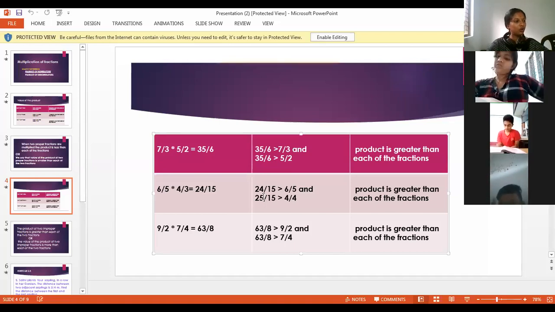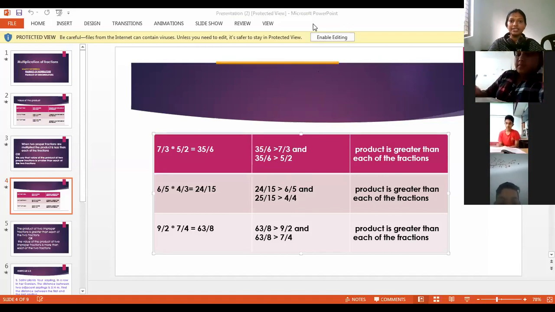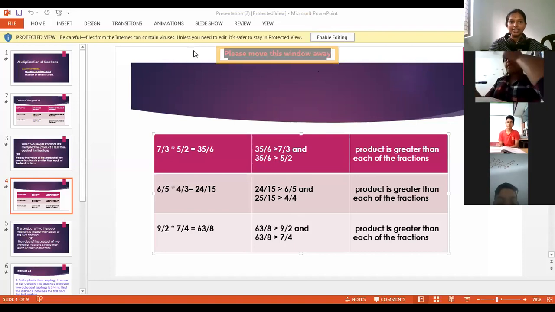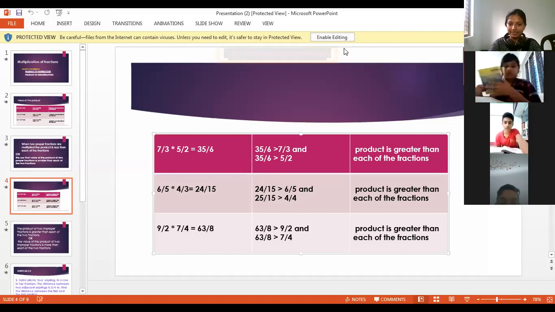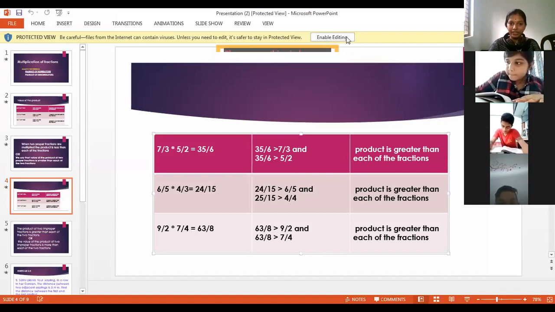The question was 9 by 2 into 7 by dash, so our product should be 7 by 4. Then what is the product? Our product is given as 63 by 8. Then you just have to calculate the values of 9 by 2, 7 by 4 and 63 by 8.